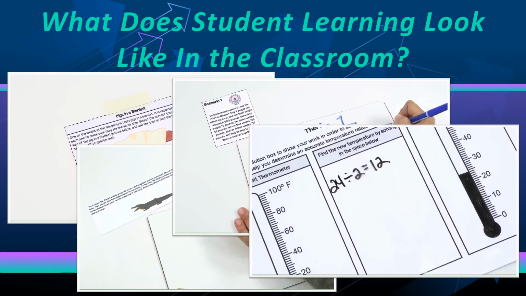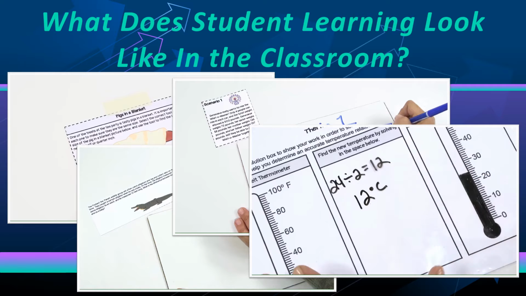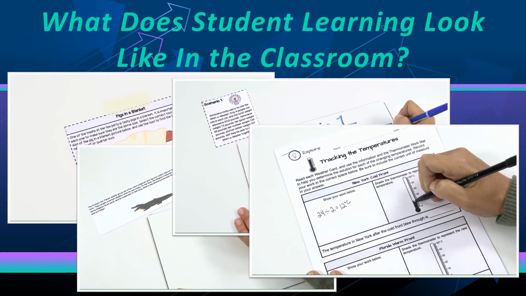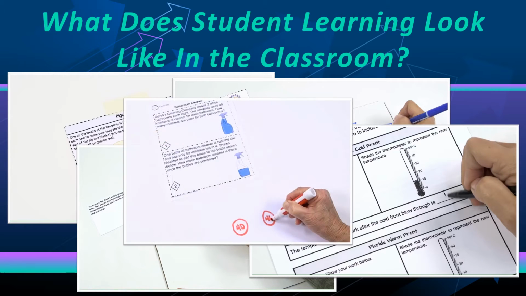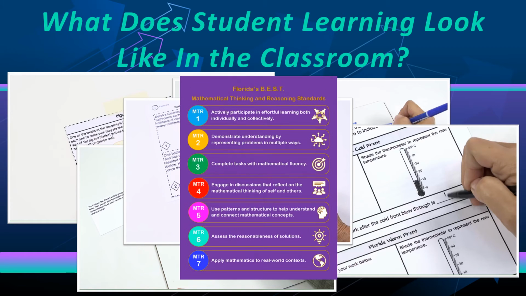As you see, students are using division in this video, but again, any of the 4 operations are going to be used in that Explore. And the last Explore is all about liquid volume problem solving. Again, the 4 operations are all fair game, and during this unit and all these Explores, students will use MTRs 1, 5, and 7.